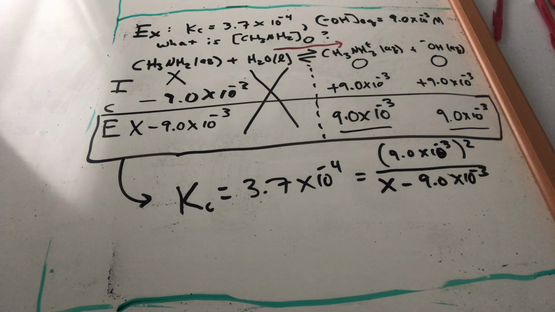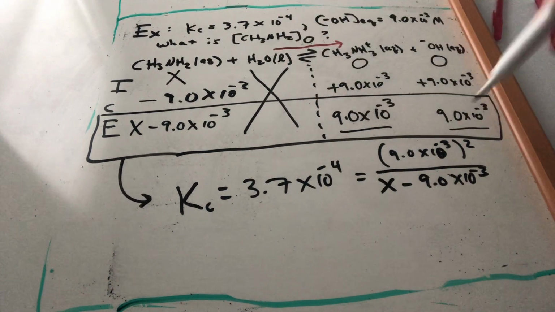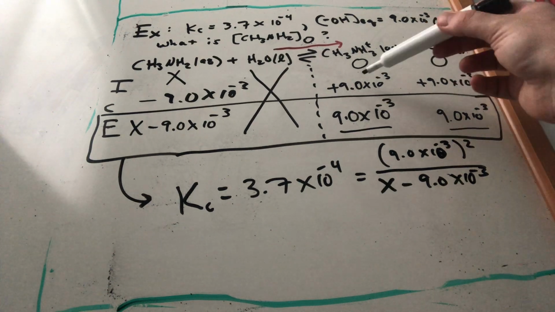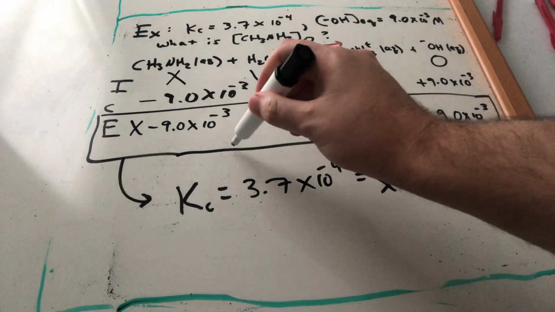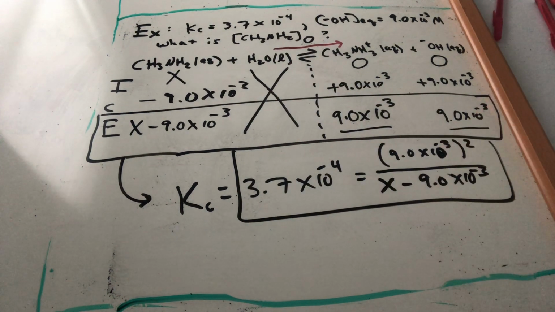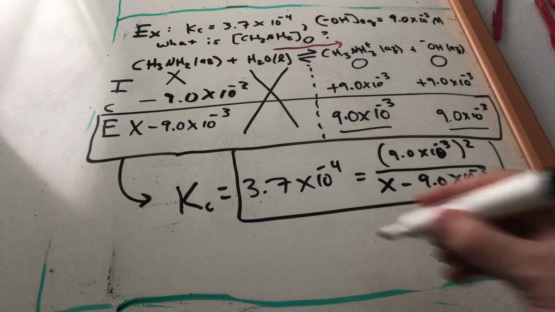So again, I like to show this example to make sure you understand that sometimes we have an unknown here, sometimes our unknown is in our E spot. In this situation, we could infer what our change was based off the stoichiometry of the problem. Now here's an equation with one unknown, this x. So I'm going to give you the answer. Practice your algebra skills and your algebra manipulations.